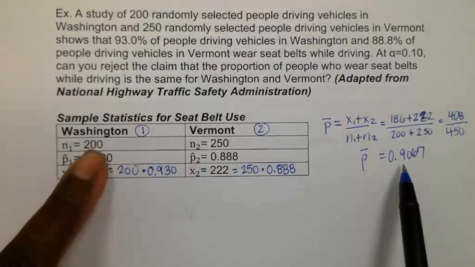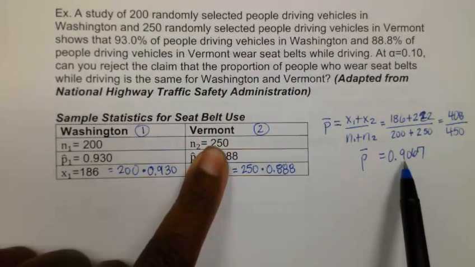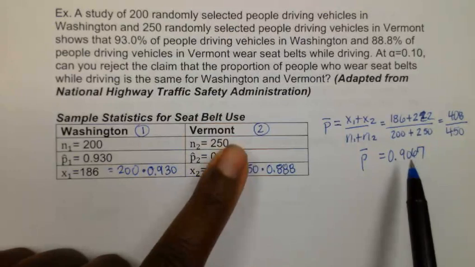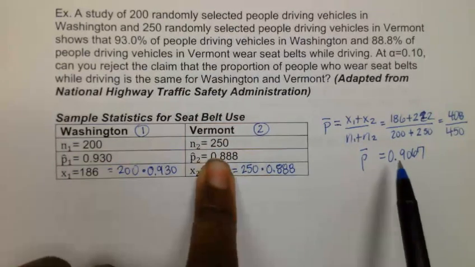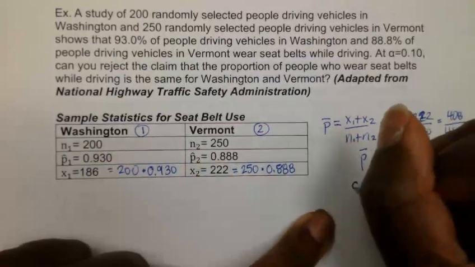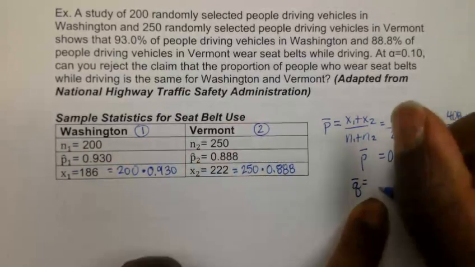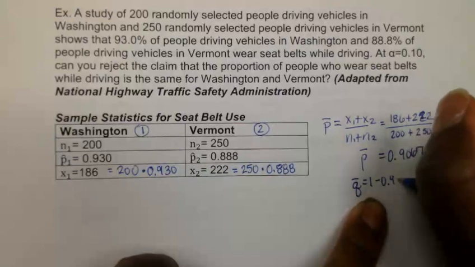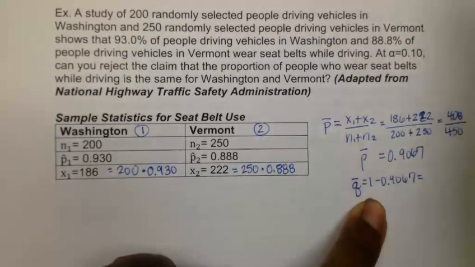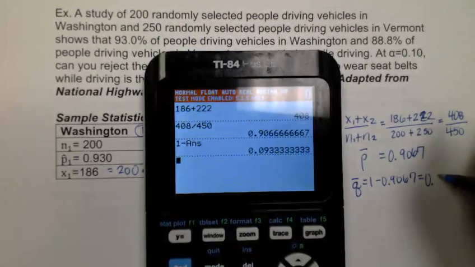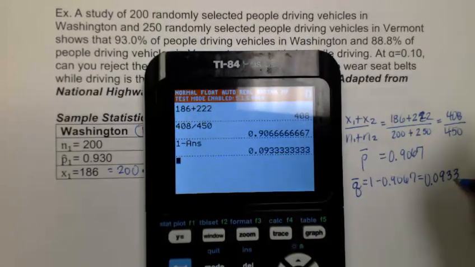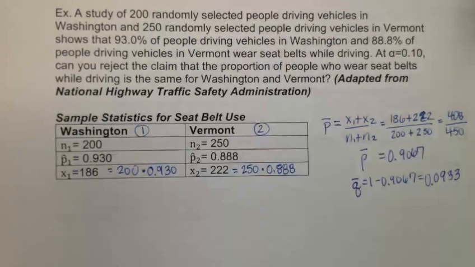So this is what you multiply to make sure that you have enough successes, at least 5 for each. Then q bar is going to be the opposite of this, 0.0933.